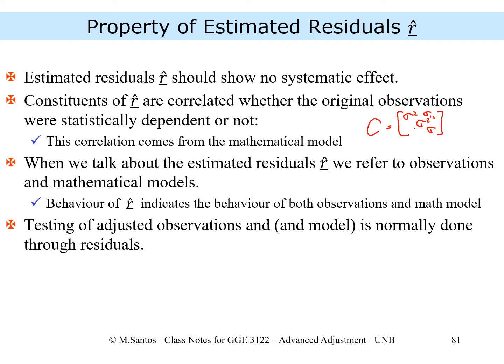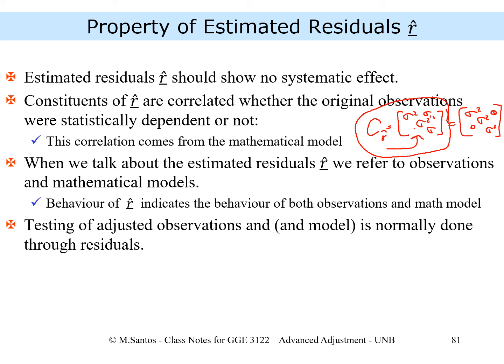If it's fully populated, we have statistical dependence. If the covariance matrix is just variances and we have 0 off-diagonal elements, it means that there is no statistical dependence. The residuals will always be correlated, okay? Always.